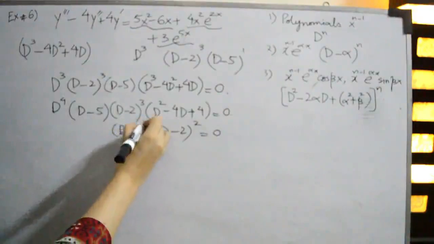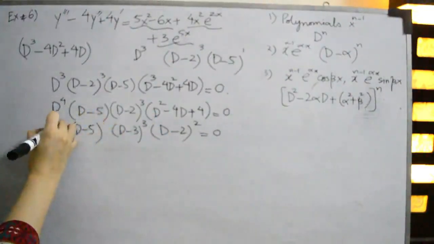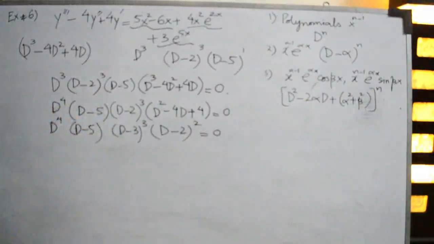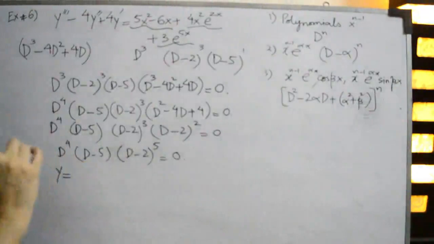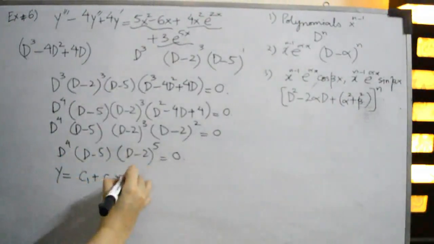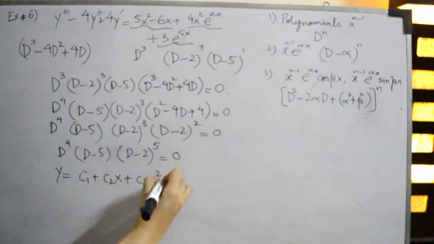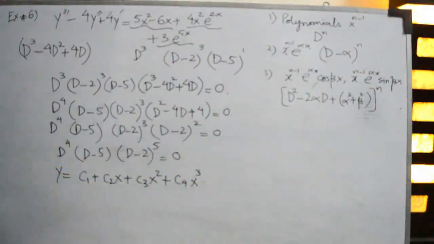It blends into the homogeneous and particular parts. No need to differentiate now. So construct the solution out of the 4 times repeated root 0: c1 plus c2 x plus c3 x square plus c4 x cube.